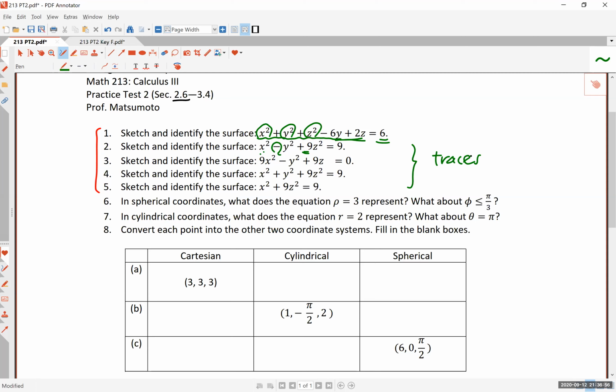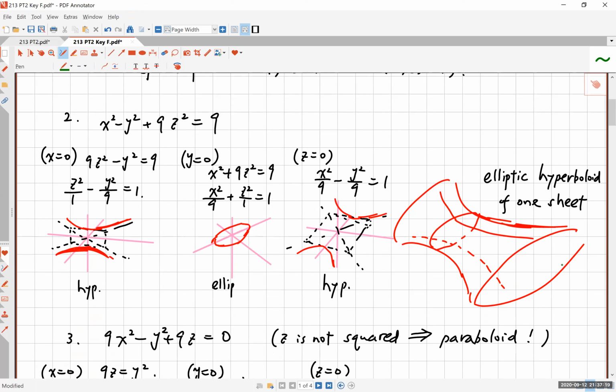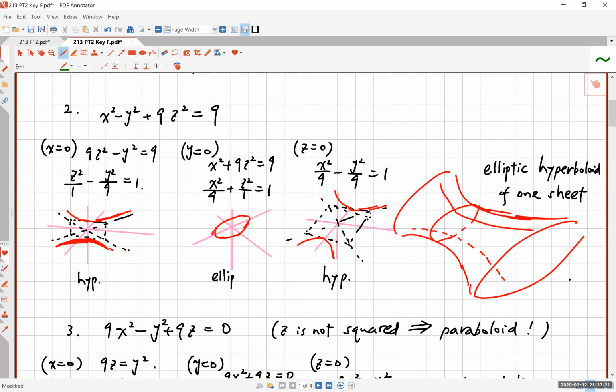Basically you're cutting these surfaces at certain particular planes, namely the XY plane, the XZ plane, and the YZ plane, and then trying to figure out what the cross section looks like. Those cross sections are called traces. We've studied this, and so you should be able to know how to do this already.